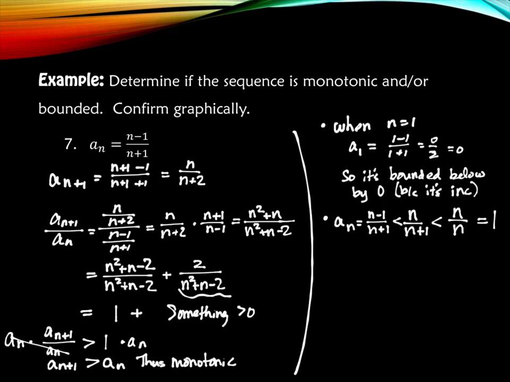So a sub n is always less than 1. So it's bounded above by 1. So it's bounded below by 0, bounded above by 1, thus it's bounded.